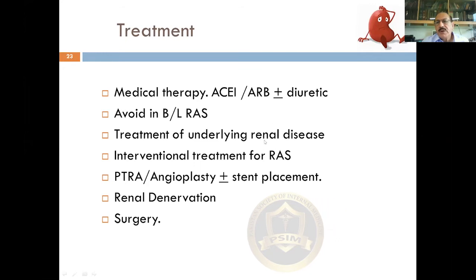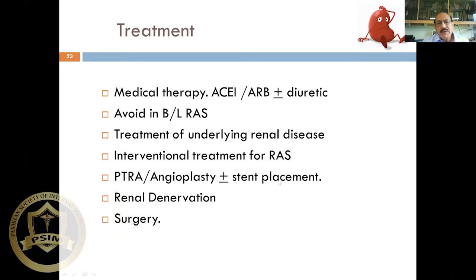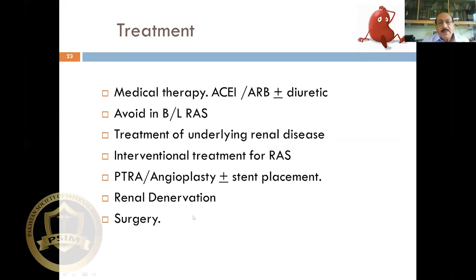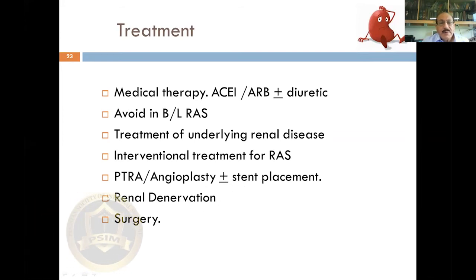If it is due to polyarteritis nodosa or atherosclerosis, you treat that. Or sometimes you have to do interventions, and percutaneous transluminal renal angioplasty and stent placement is possible, or a renal denervation, as Dr. Schulte has already talked about, the Simplicity catheter, and sometimes surgery.